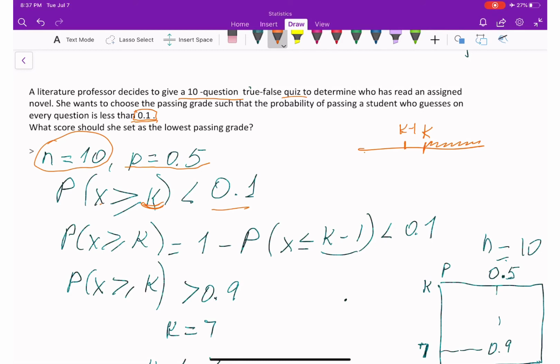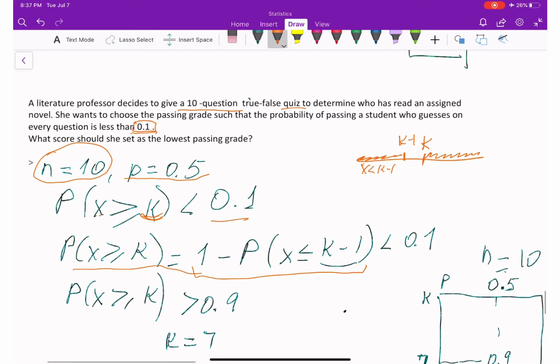If K is 16, K minus 1 will be 15, right? So it's 1 minus the probability of X less than or equal to K minus 1, and it's going to be less than 0.1. This is the condition for the passing grade. X greater than or equal to K, we rewrite in the format that is less than or equal, and that's going to be 1 minus the probability of X less than or equal to K minus 1. I hope you understood why I do K minus 1.